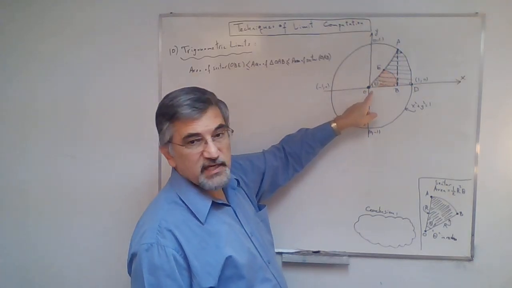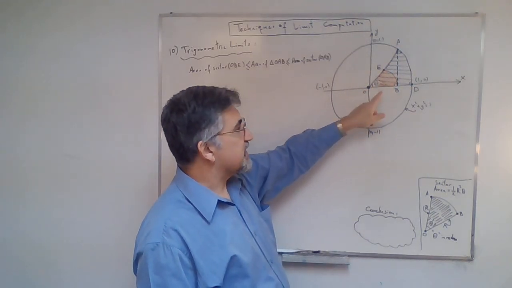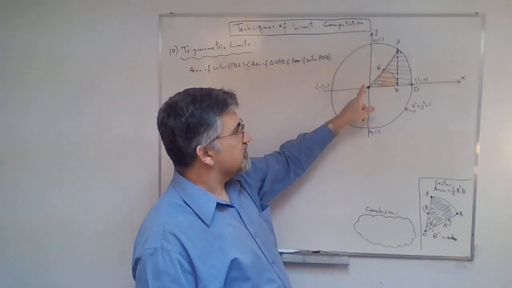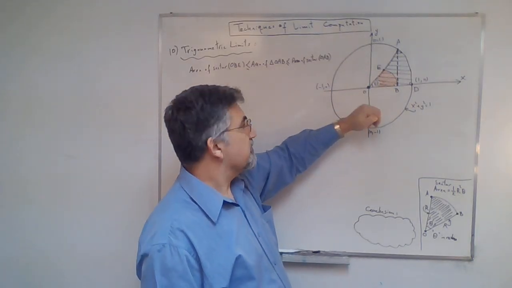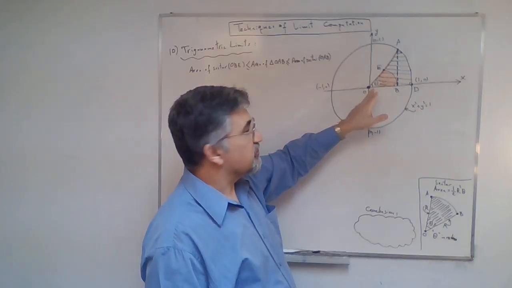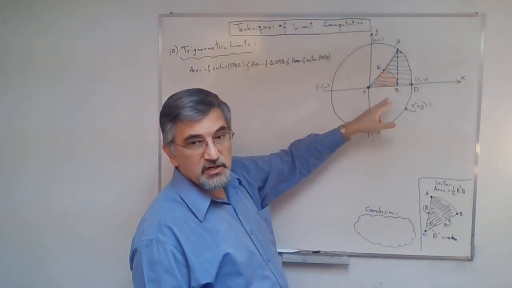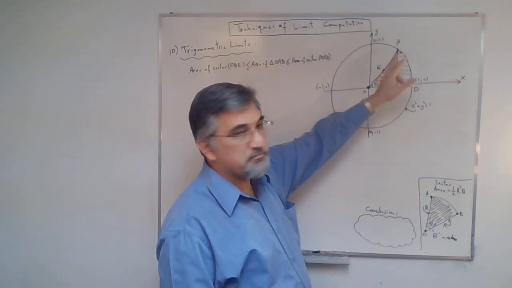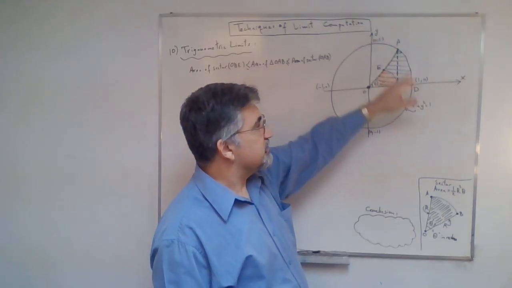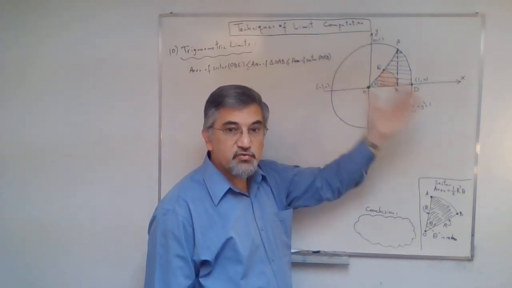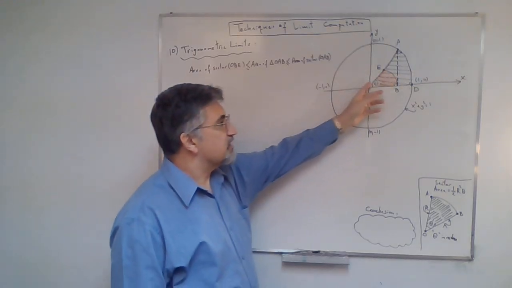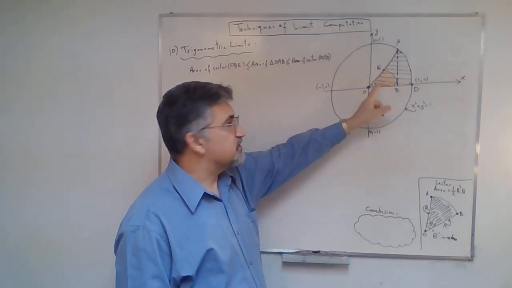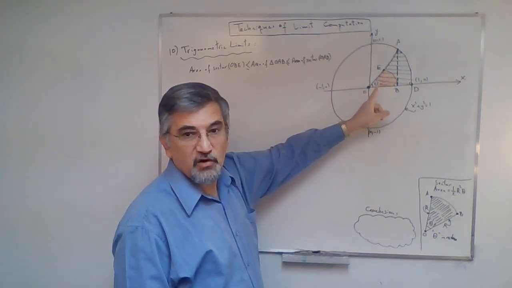So sector OEB would be that small sector that would be generated. And then we have right angle triangle OAB, and then we have the big sector OAD, of course. So there are three areas involved here. It's needless to say that both big and small sectors have the same central angle of theta.